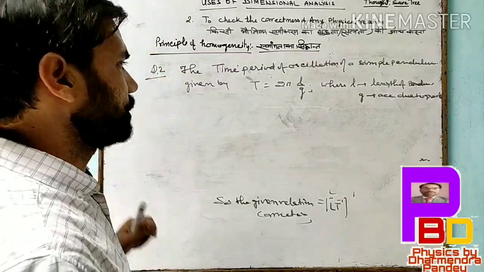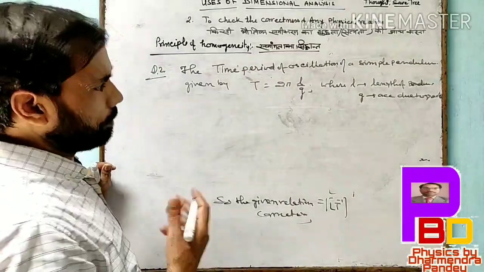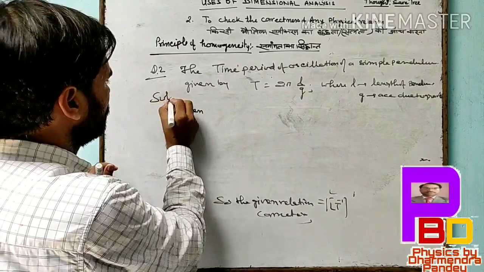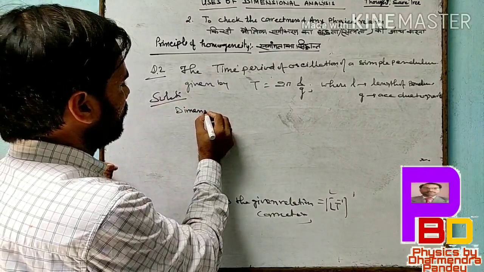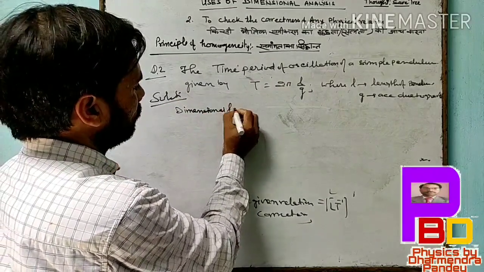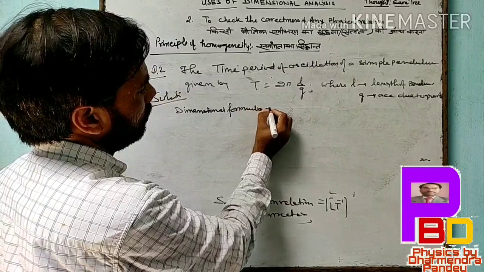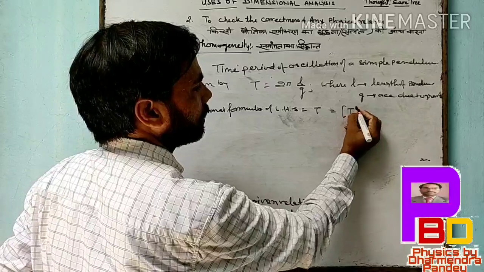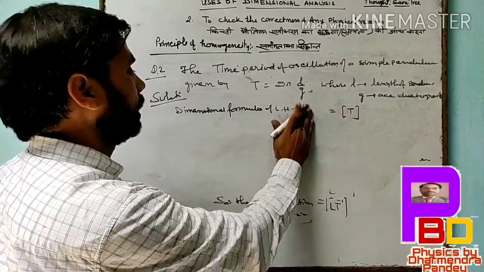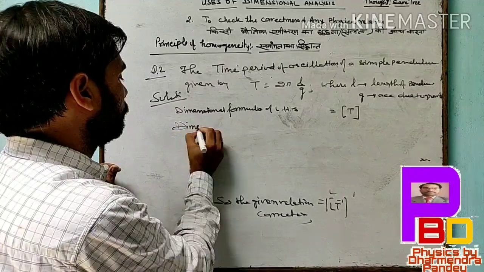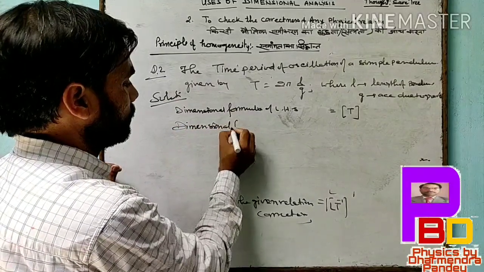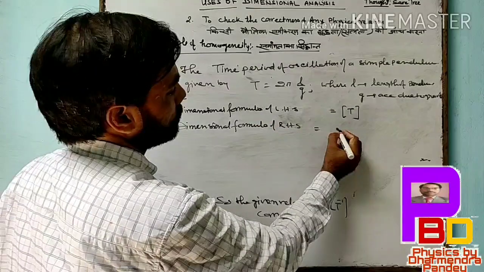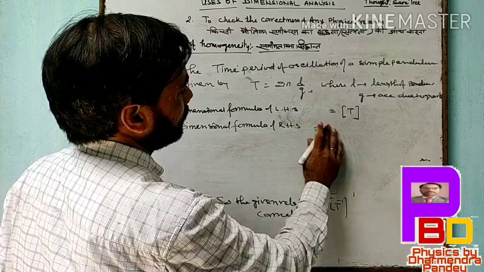This is the question. So for that, what we have to do is find the dimensional formula of the left hand side, that is T, time period T. Okay, and the dimensional formula of the right hand side, which is 2 pi root L upon G. 2 pi is dimensionless.